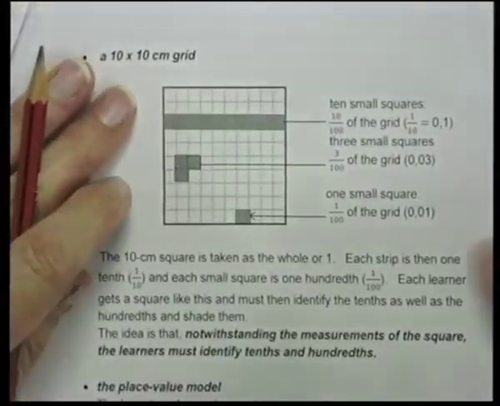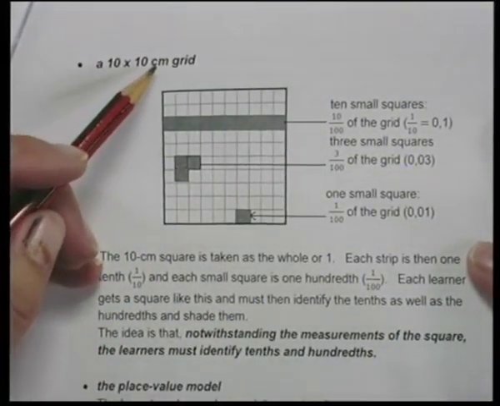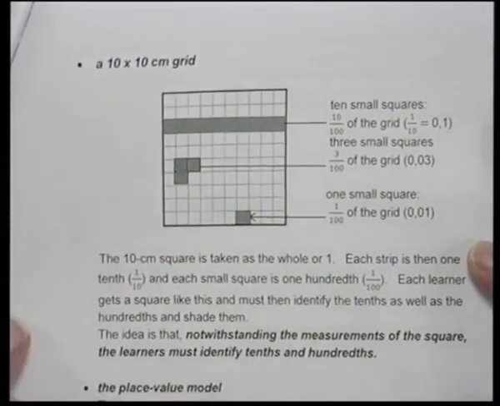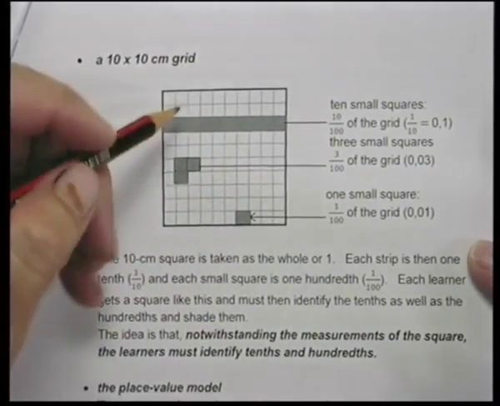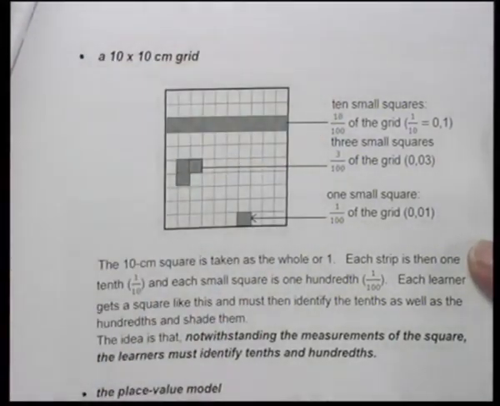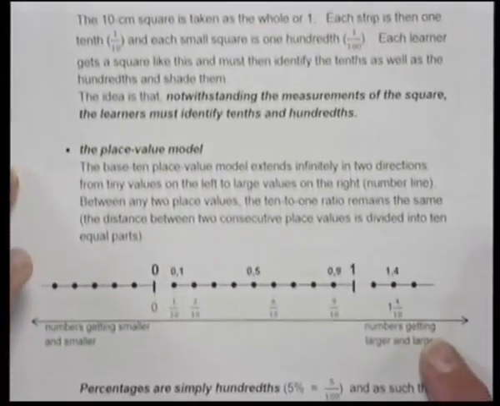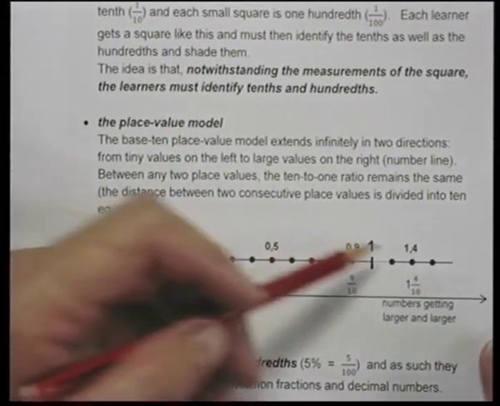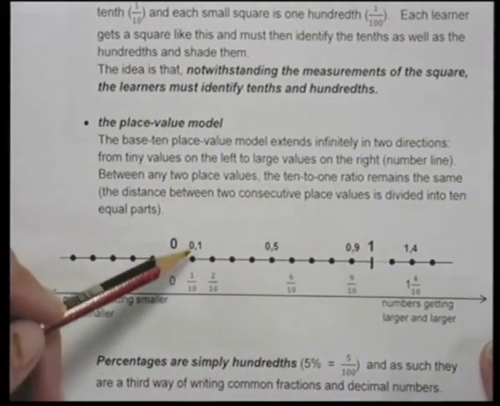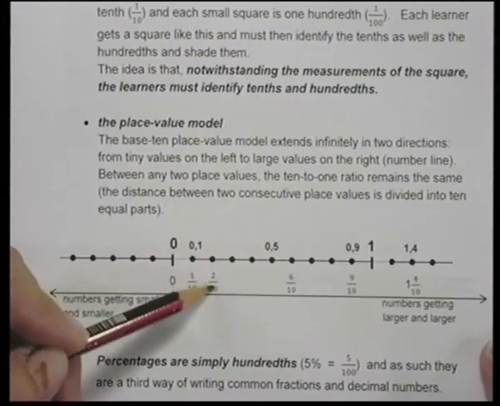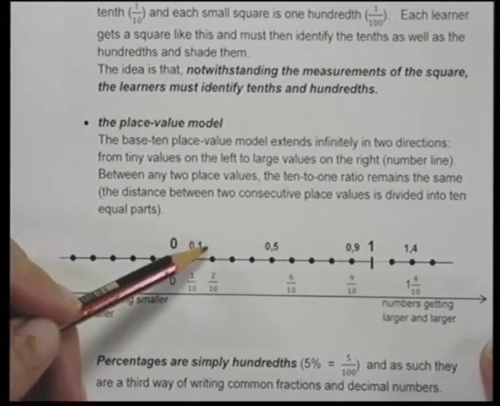To make it practical, we can use a 10 by 10 centimeter grid, and we can fold the paper or draw the lines to see what is one of these small blocks and what is one whole block of that. And on the number line, between 0 and 1, we have 1/10, which is the same as 0,1. 2/10, the same as 0,2.